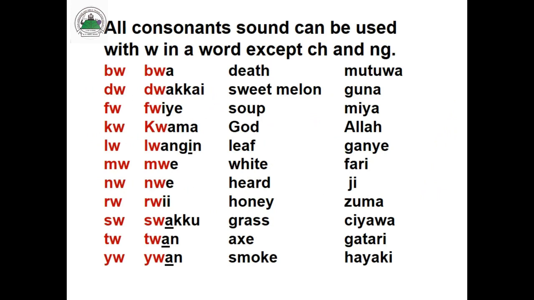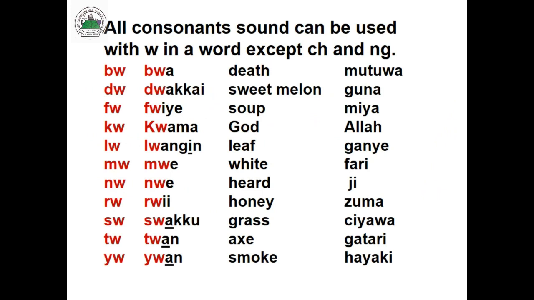Then another one there is r coming together with w to form the word ri, ri, which means honey in English, zuma in Hausa. And we have another consonant there, s, coming together with this w to form the word soku, soku, which means grass in English, ciyawa in Hausa.